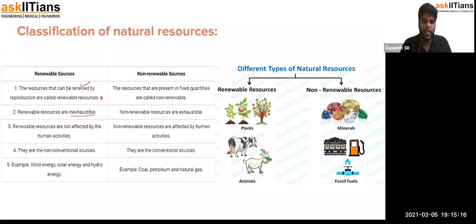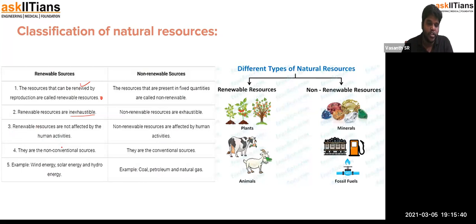But there is another type, non-renewable resources, like natural gas and petroleum products. These are formed by nature by modifying their molecular structure, and later they are available in different forms. Once they are used up, they are not going to be available in the same place. So it is a non-renewable resource.